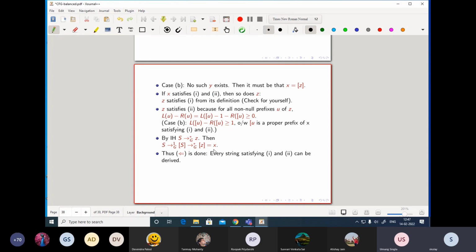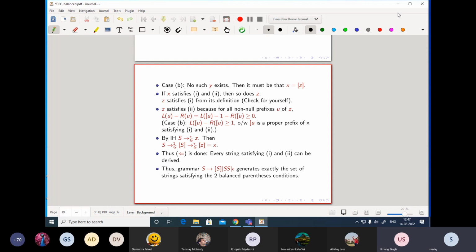This is the exact set of strings that is derived by the grammar S going to SS, bracket S, epsilon. Therefore, we are done.